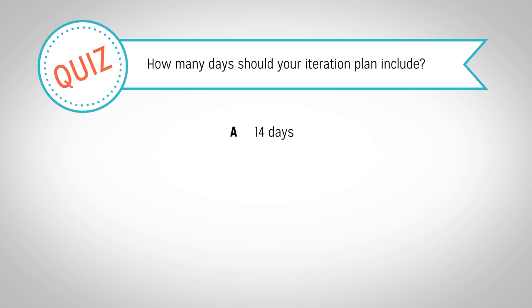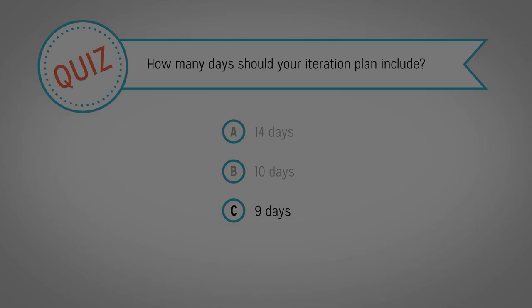A, 14 days, B, 10 days, or C, 9 days. You only include days that your team will be working on the product in the iteration burndown chart. Since the developers do not work on the 2-day weekend and the day of the conference, they are losing 3 days in the 2-week sprint. So only 9 days should appear in the iteration burndown. Therefore, C is the correct answer.